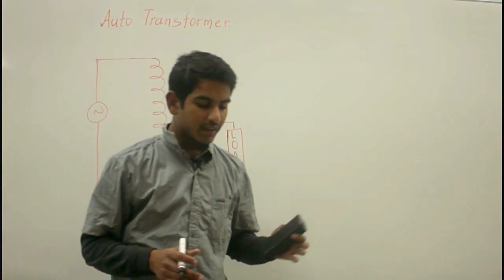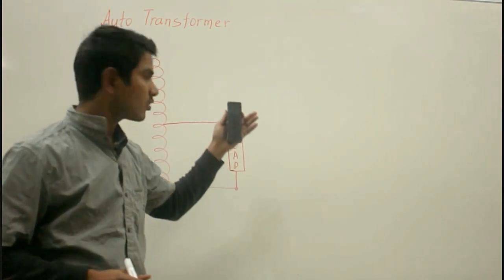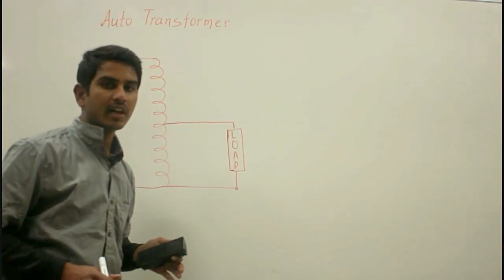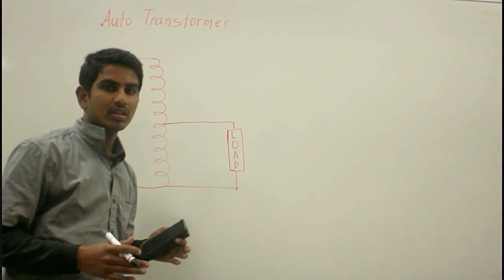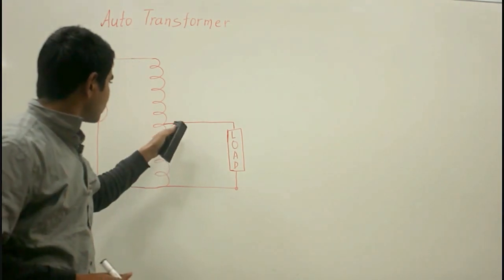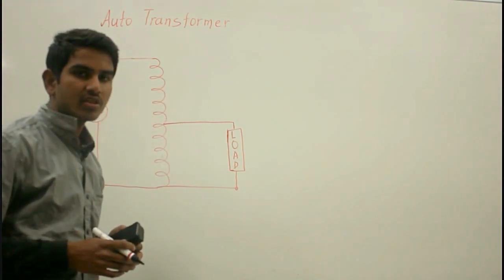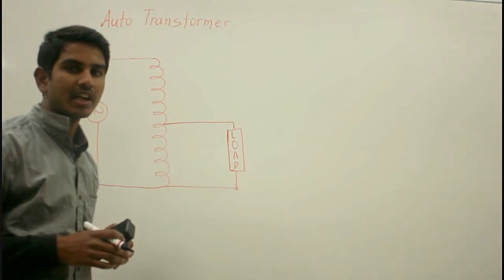Now let us go into detail about this auto transformer. Here the primary winding and the secondary winding share a common winding. So a single continuous winding is used for the primary as well as for the secondary.